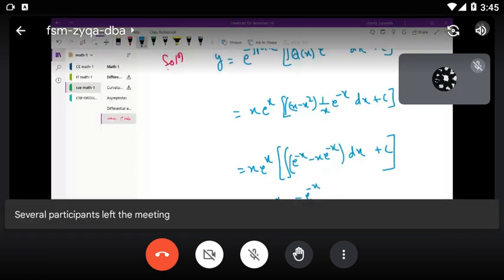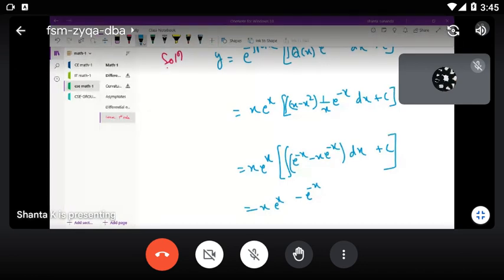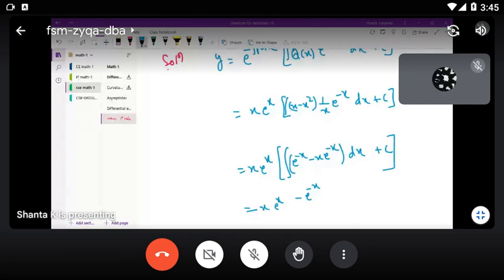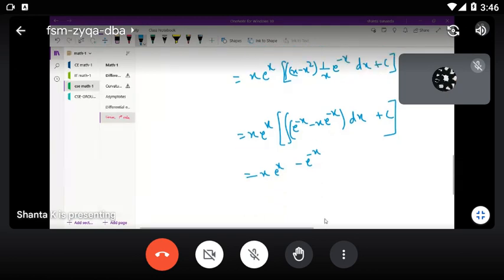And how much will be the integral of x e power x? e power minus x, 1 minus x. So we will have e power minus x here.